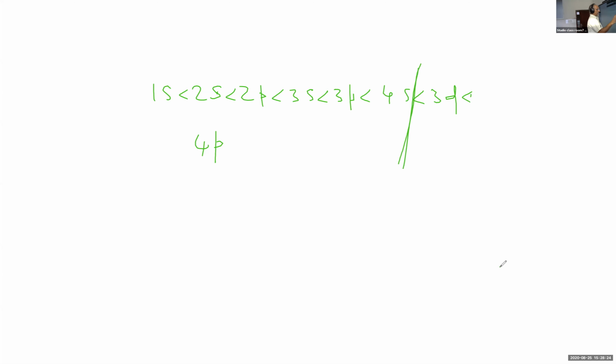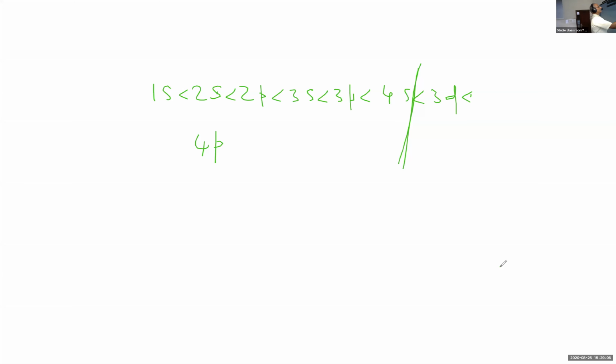After 3p, you know, in the third shell, there are 3 subshells. 3s, 3p, and 3d. Although 3d belongs to the third shell, the energy of the 3d will be greater than the energy of 4s.